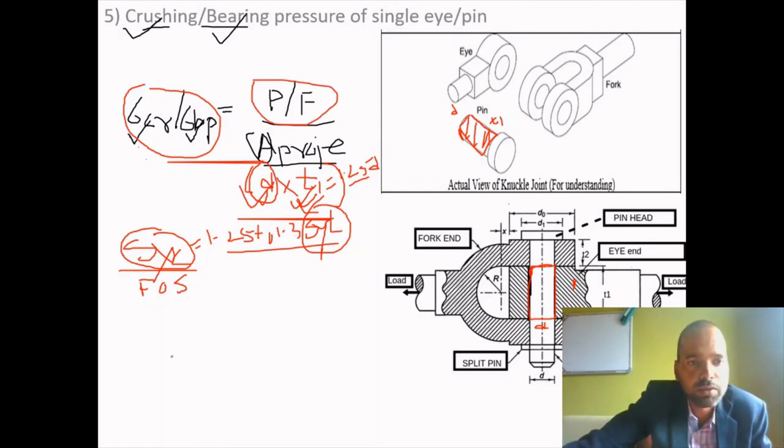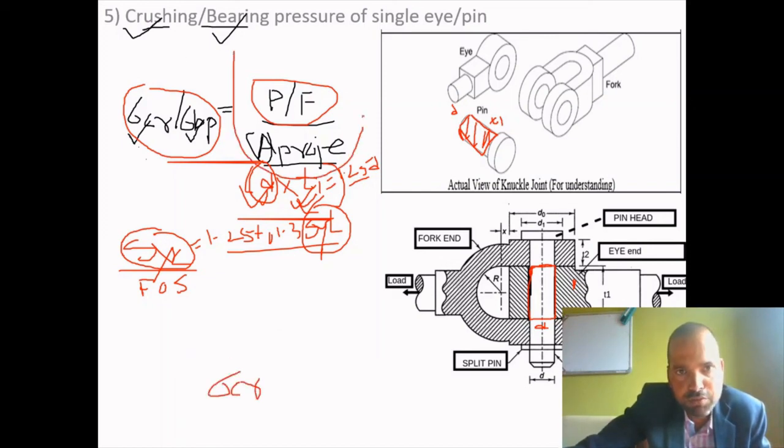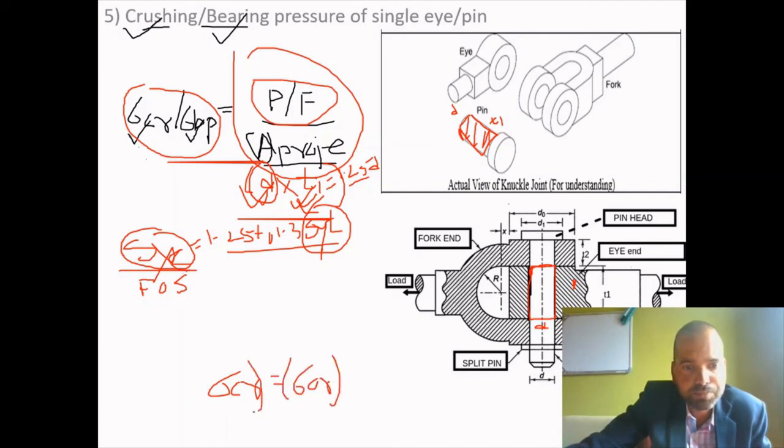If we put all these values and calculate sigma CR from this equation, and again calculate sigma CR using SYC upon factor of safety, this is the calculated sigma CR from this formula, and sigma CR allowable from the equation of strength. So for the safety of these two dimensions, the allowable sigma CR has to be greater than the calculated sigma CR. Where did it come from?